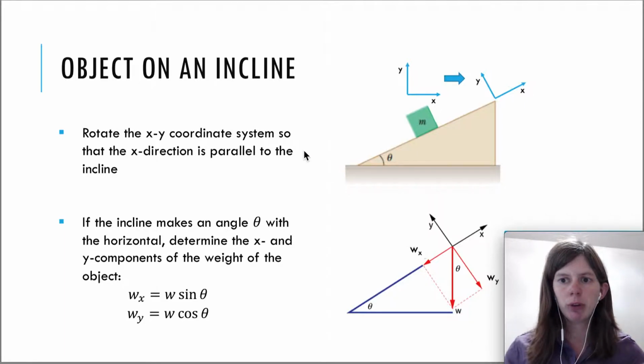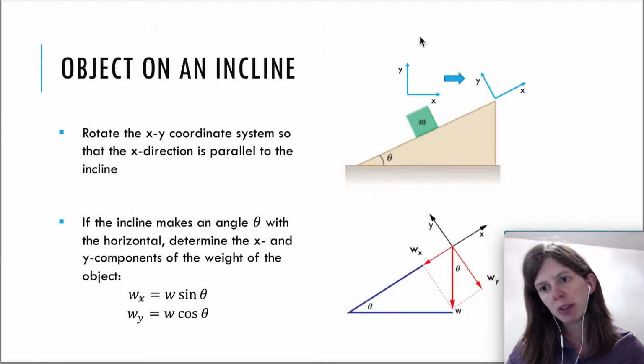Up till now, we've used a regular Cartesian coordinate system where x is horizontal to the right, positive, and y is positive upward. Whenever you have an object on an incline, you're going to want to rotate that coordinate system. It's kind of like, see how I'm rotating my head so that I'm looking at the incline, and now the incline seems straight to me because my head is rotated.